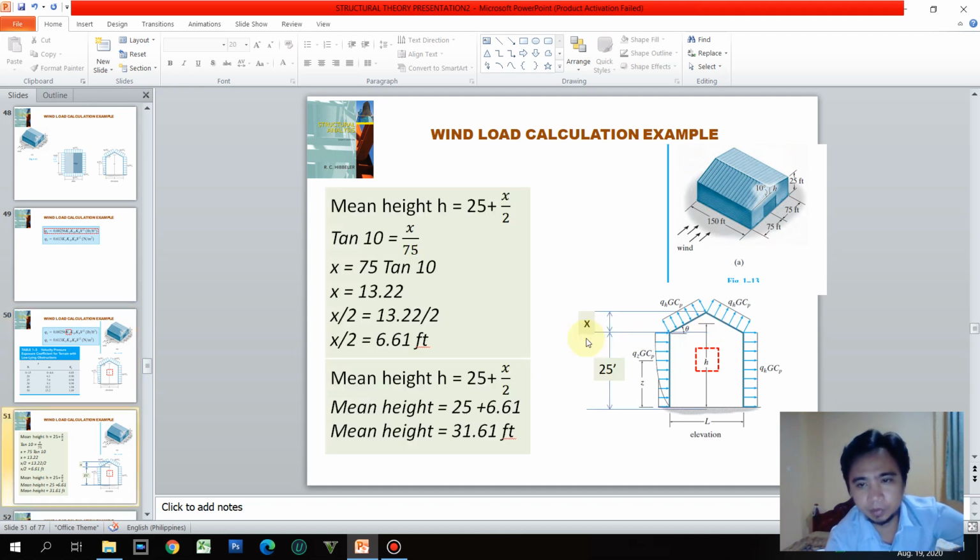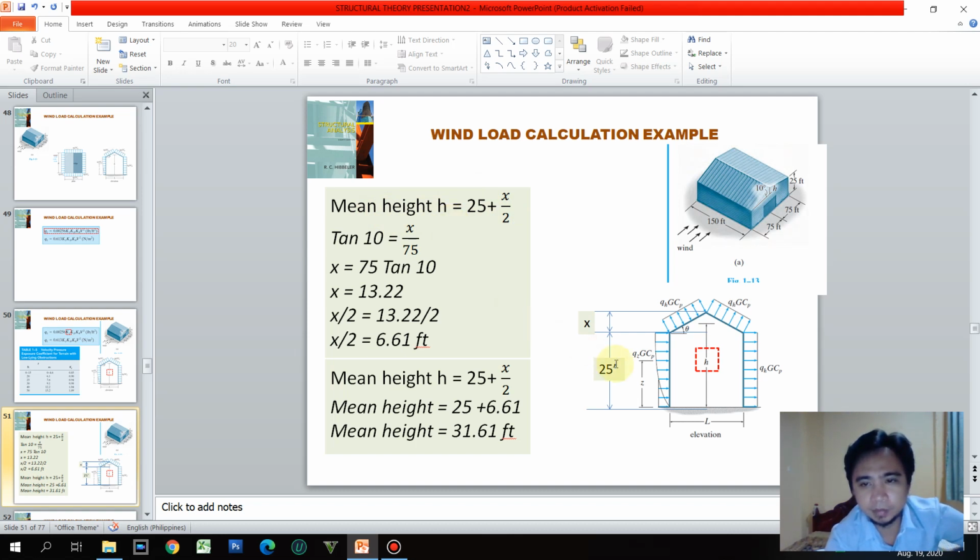So let us have the derivation. Mean height is the 25 here plus x over 2. What is x here? X is the total distance up to the top. So half of that is the needed distance included in the mean height.